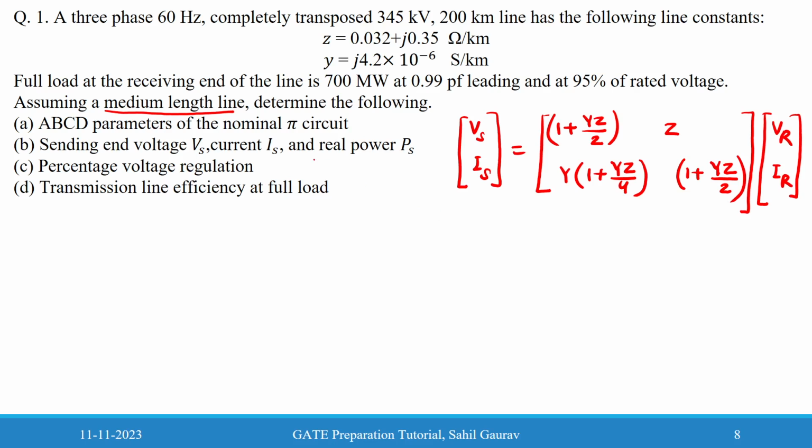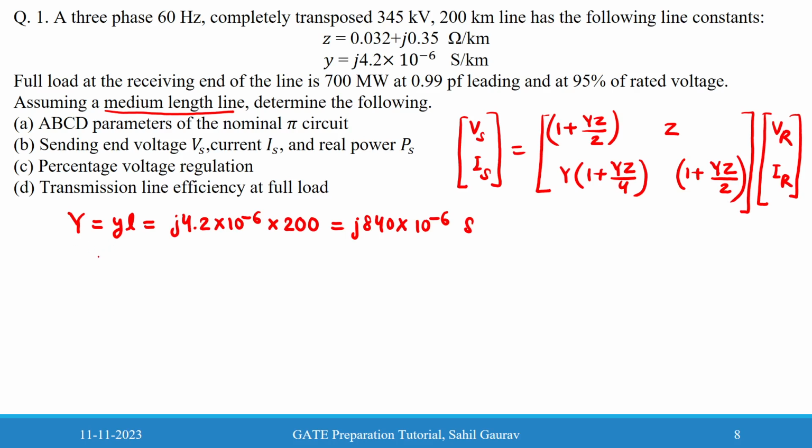Now we will first find the total admittance and total impedance of the line. So total admittance will be Y into L. Y is given as j4.2 times 10 to the power minus 6 and length is 200 kilometer, so it is coming as j840 times 10 to the power minus 6 Siemens.